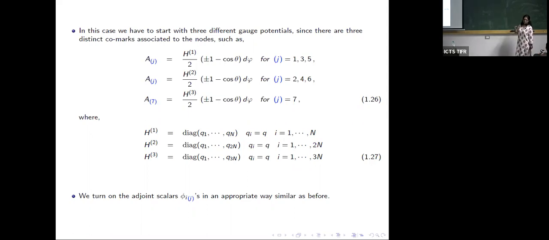Any integers that satisfy this relation. And similarly for E6.